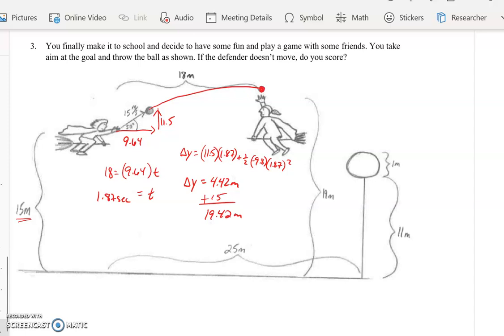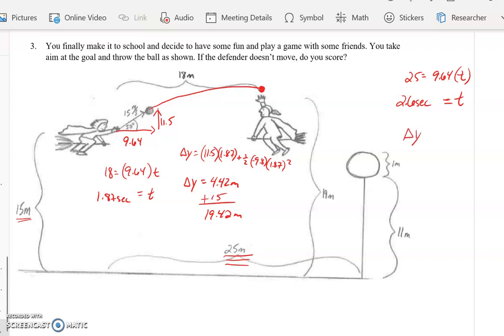Second part of the problem then is to figure out, okay, so it clears their hand, but how high is it when the range is 25 meters? So I kind of start over and say, all right, my range is going to be 25 meters away. My x velocity is still 9.64. Find the total time to get to the goal. 25 divided by 9.64 is 2.6 seconds to get to the goal.